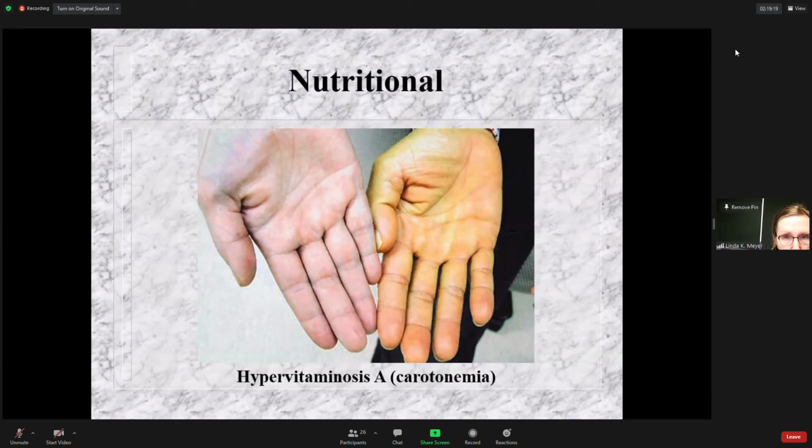But I'm just giving you an example that too much of a good thing can be detrimental to one's health.